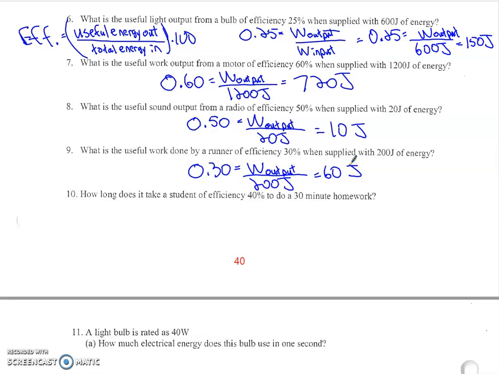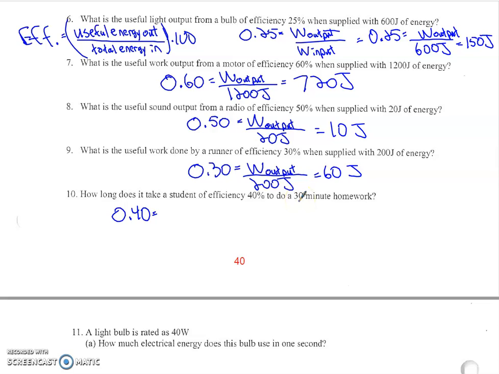Now, number 10 is asking us for something a little different. How long does it take a student of efficiency 40% to do a 30-minute homework? So in this case, it's giving us this 40%. So I'm going to make that 0.40. Now, what's different about this is this homework was designed to be 30 minutes.